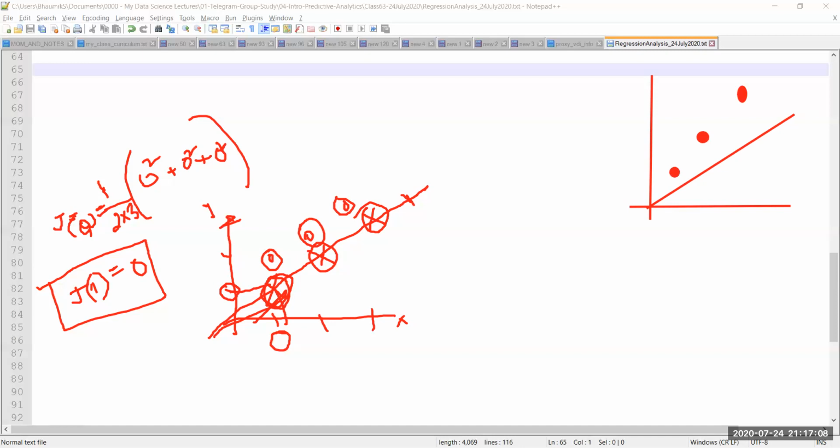Let's say I have done the calculations of the distances from each and every point to the line, and I find out that there is a variation of 0.5. Or I have calculated that this theta 1 is actually equal to, let me take a smooth pen, theta 1 is now equal to, let's say, 0.5.